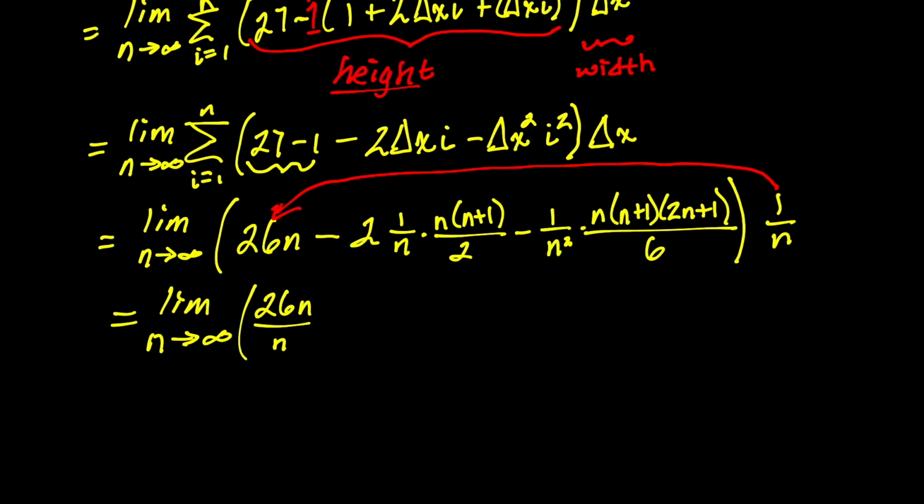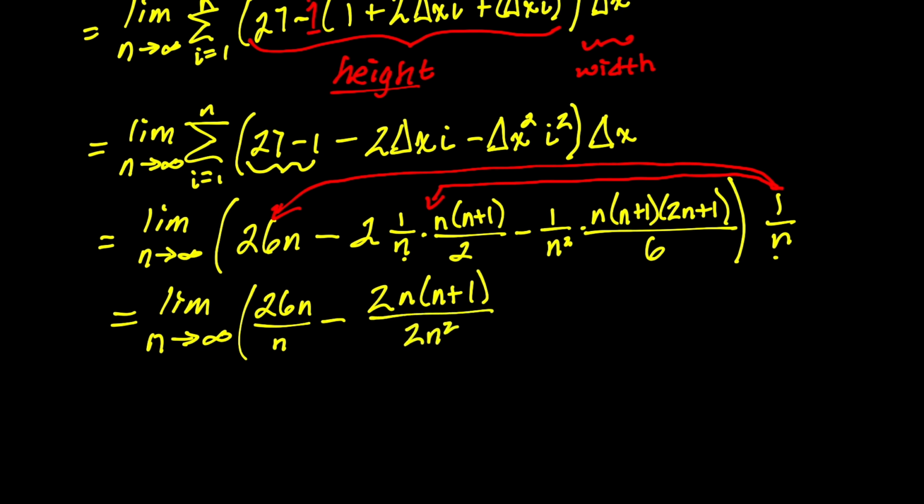Let's distribute it to this term. So this becomes minus 2 n times n plus 1 all over, this n times this n becomes 2n squared.